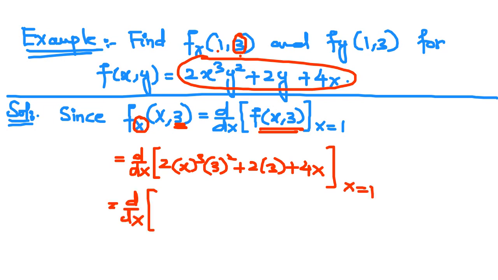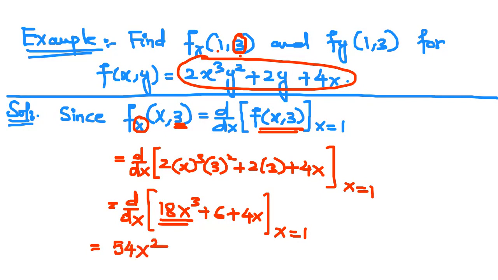So what will be the function becomes 3 square is 9, 9 multiplied by 2 is 18, x power 3 plus 6 plus 4x, and x is equal to 1. Okay. What is the derivative of 18 x power 3? 54 x power 2.